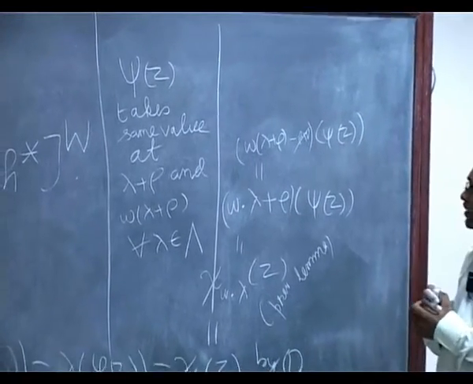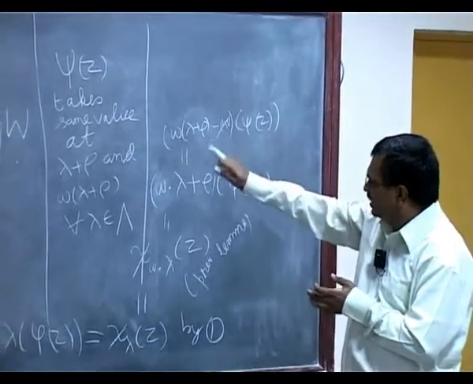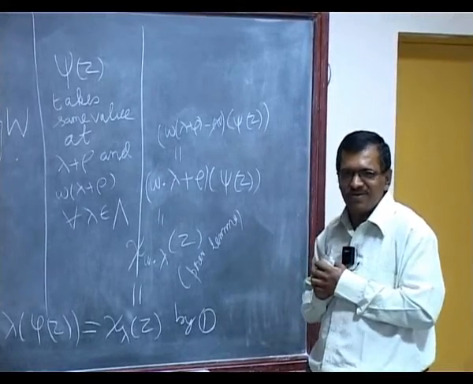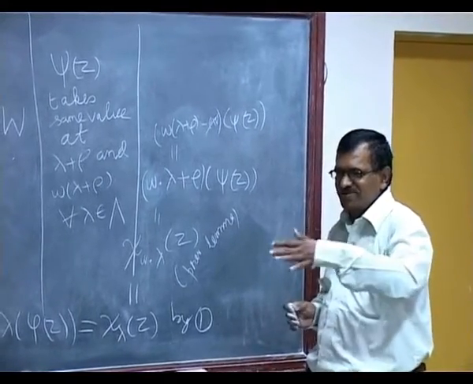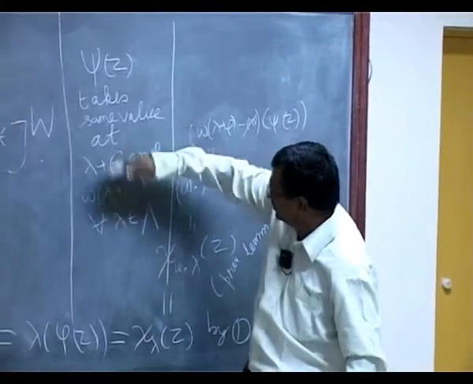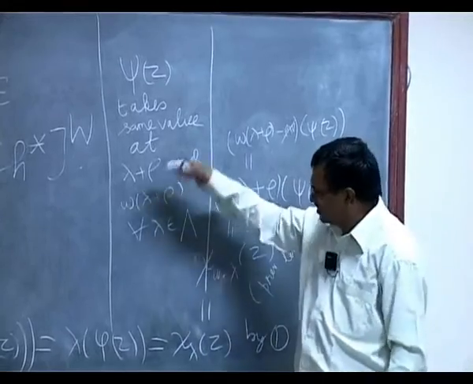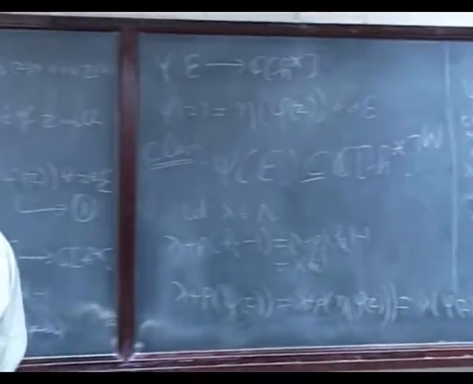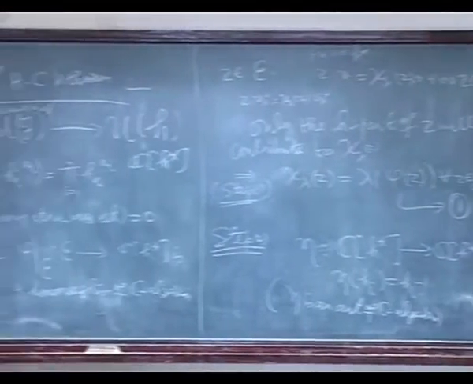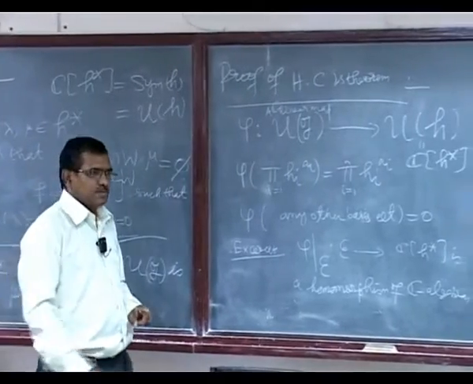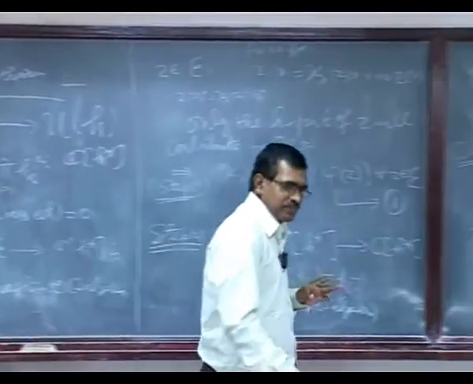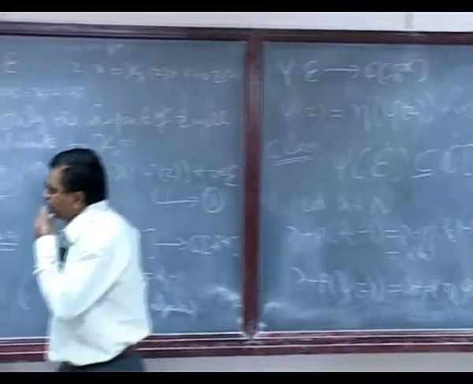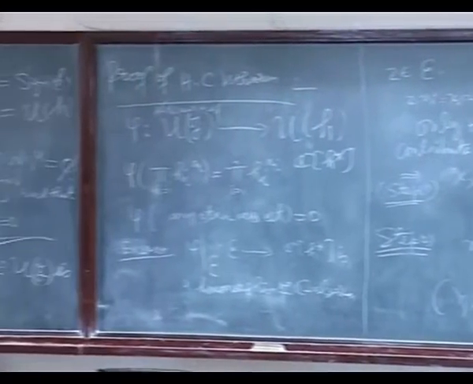Psi of z, the polynomial, of course, for every z, takes the same value at lambda plus rho as well as w of lambda plus rho. But what is that? You can ignore rho. You are in an additive group. So you can think of that as mu and then w mu. Therefore, that takes a constant value on each of the w orbits, but then only on elements of lambda. So that is what I have observed.